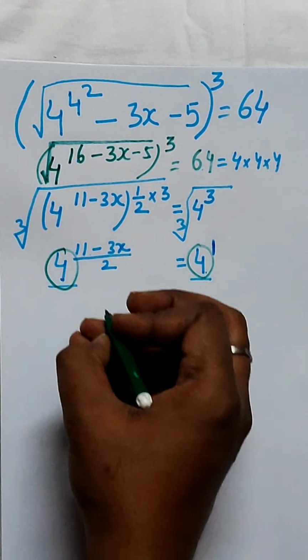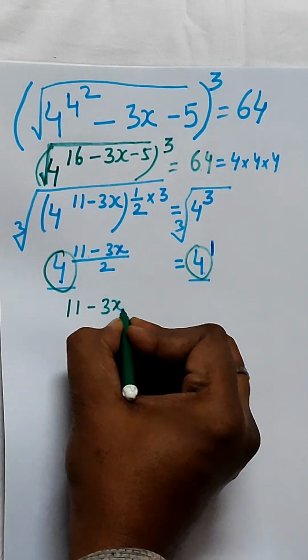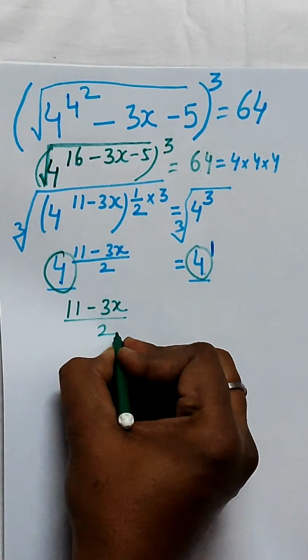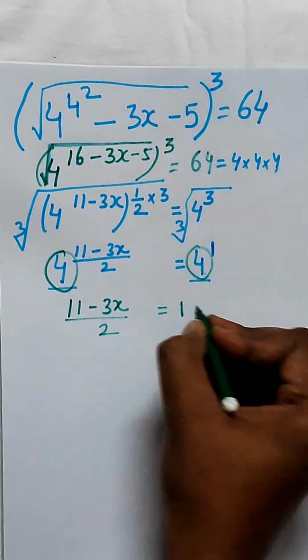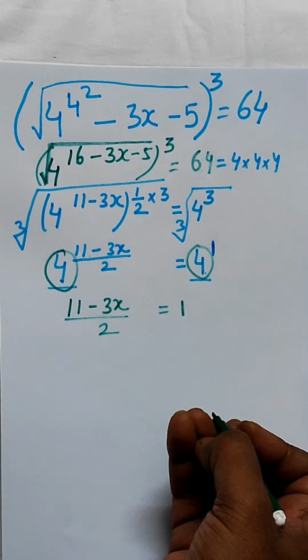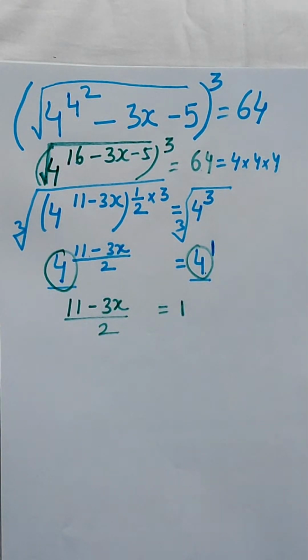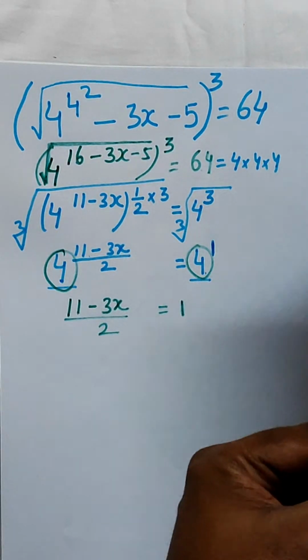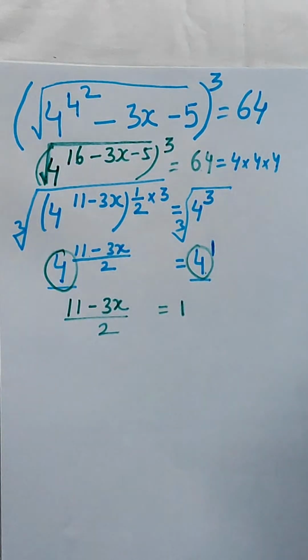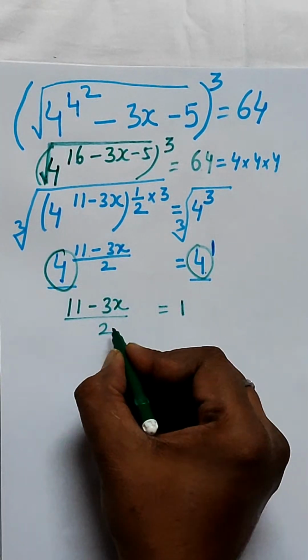So equating the exponents, what we will get? (11 minus 3x) by 2 is equal to 1. So this is the same question which I have put into the shorts today. So what is the next step?